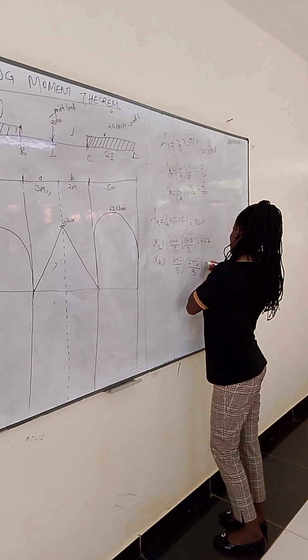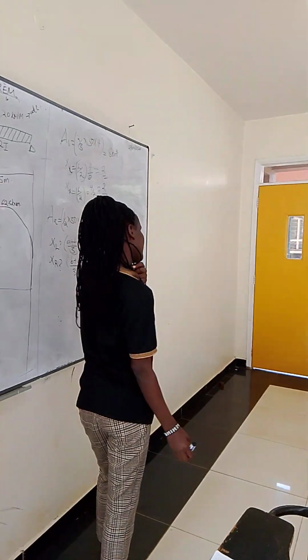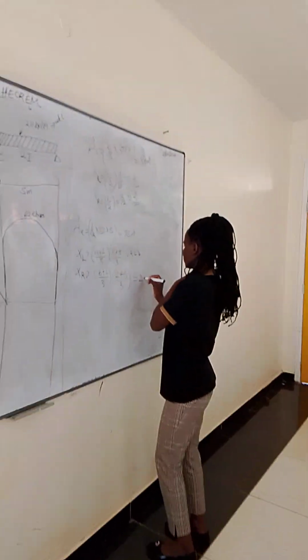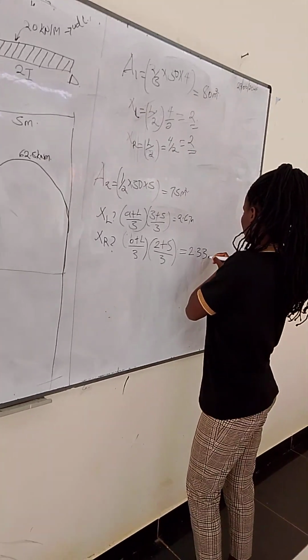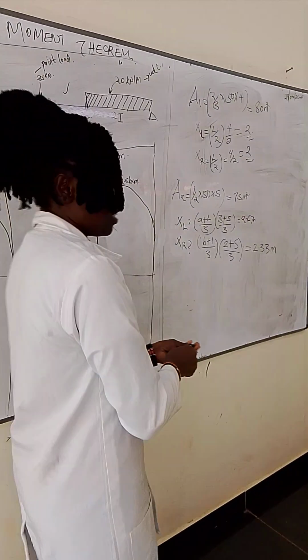What do you get? 2 plus 7 divided by 3? Yeah, let's appreciate Penina.